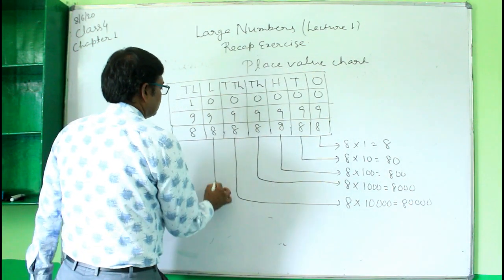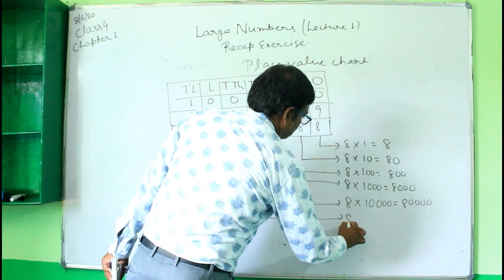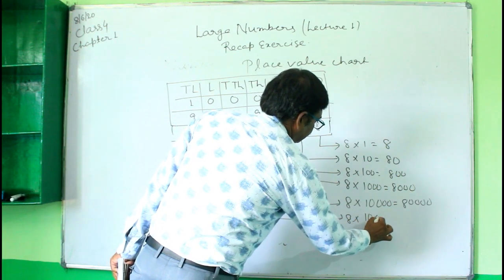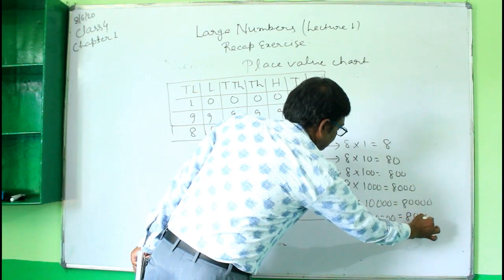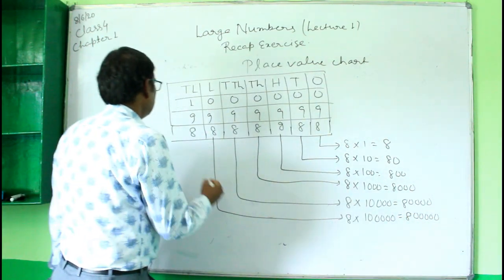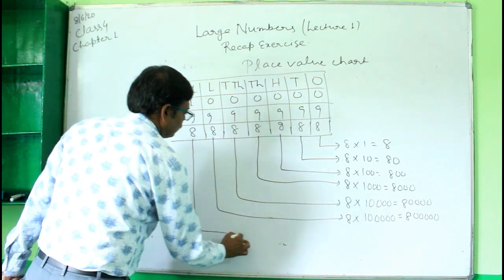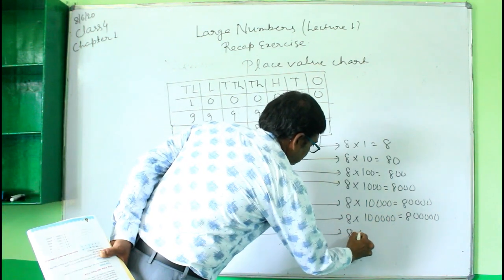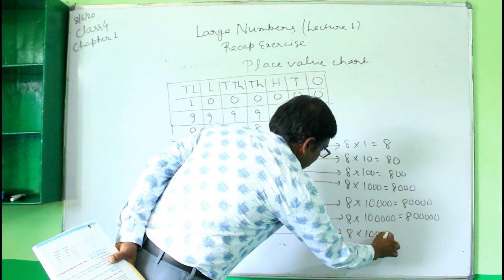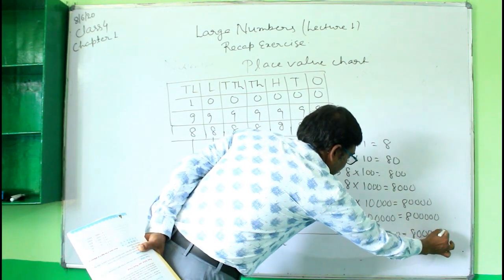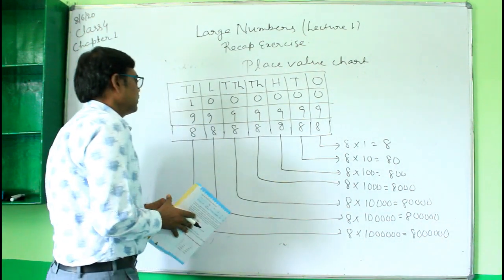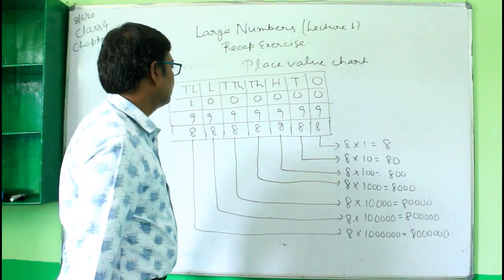And the place value for this will be 8 into 1 lakh. And for this digit, the place value will be 80 lakh, that is 8 into 10 lakh. So these are the place values of different digits here.